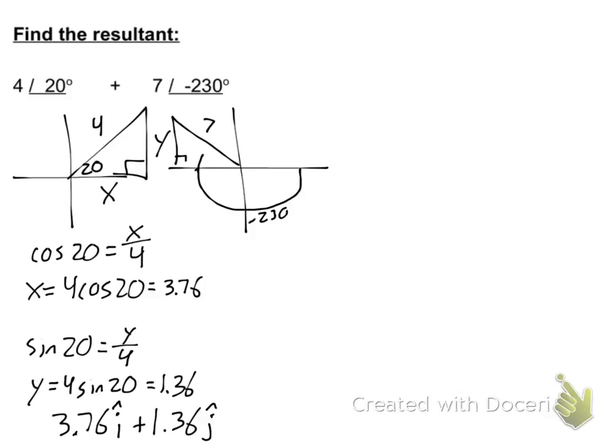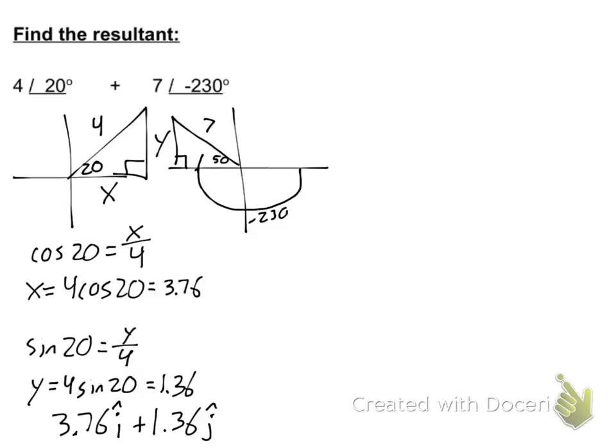We formed that triangle, but what's the angle then formed? Well, how many degrees is going that straight line? 180. So from 180 to 230 is 50. So 50 is my reference angle.